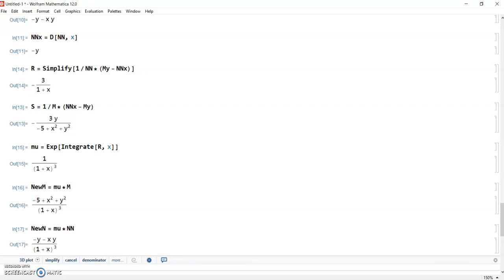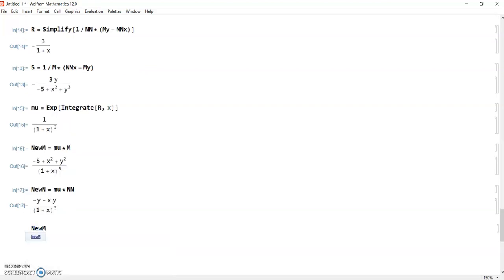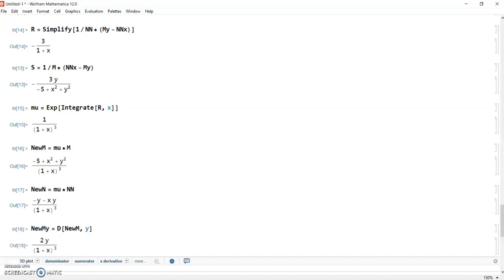So I can take the new M derivative with respect to y. It will be d of new M with respect to y, so it will be 2y over (1 plus x) cubed.